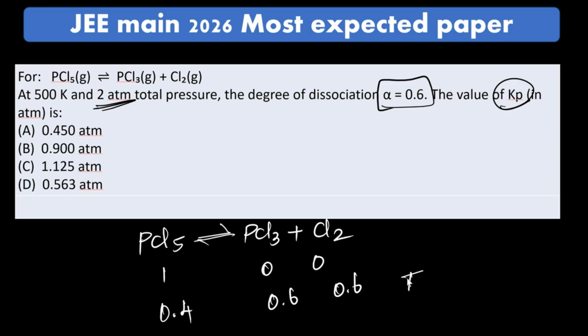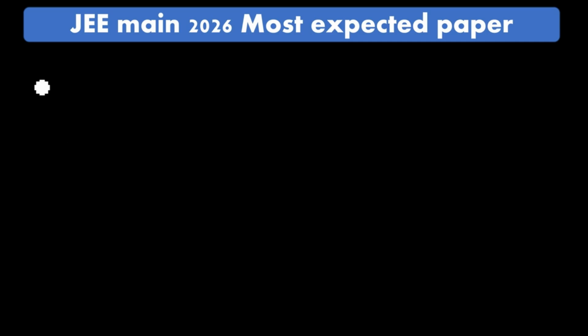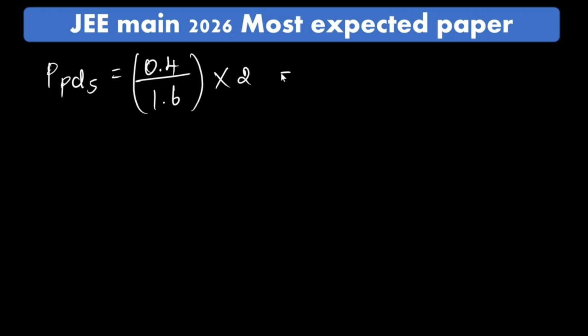So the total moles here is 0.6 plus 0.6, 1.2, plus 0.4, that is 1.6 moles. Now, the pressure of PCl5 is equal to 0.4 out of 1.6 into 2, because we can use this mole fraction formula.